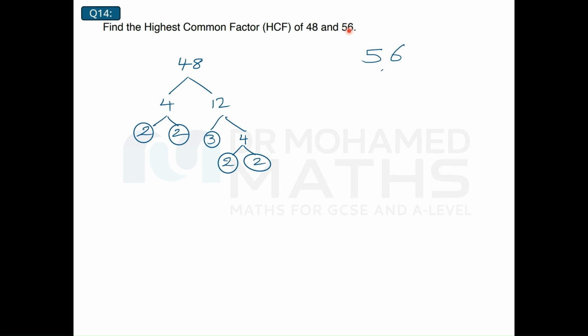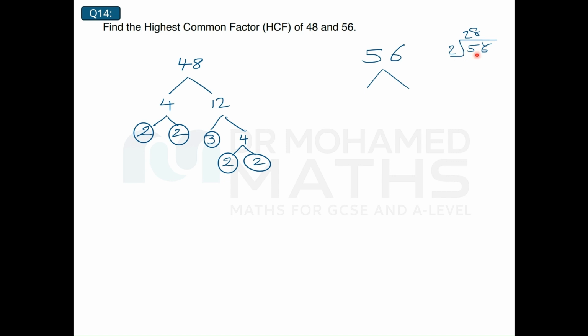Now I go to 56, the second number. I will do the same way, prime factor tree. So 56. I don't know what 2 numbers multiply to 56. So don't be worried. Just on the side here, find 56 divided by any number you think is easy. And the easiest number we should start with is 2.